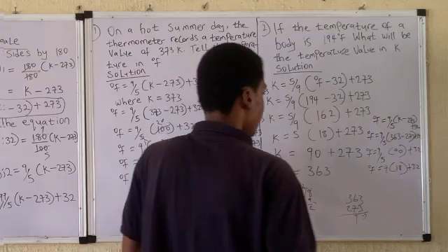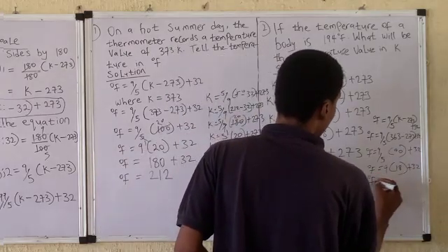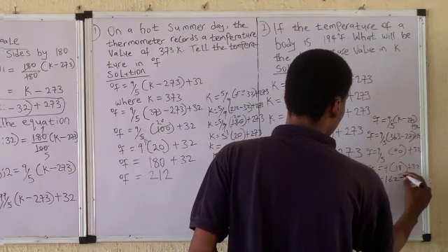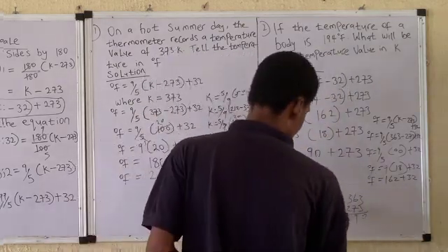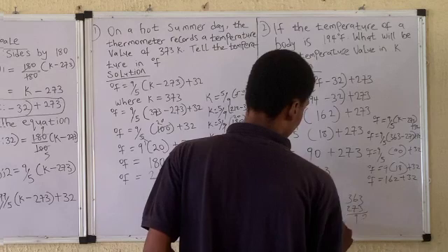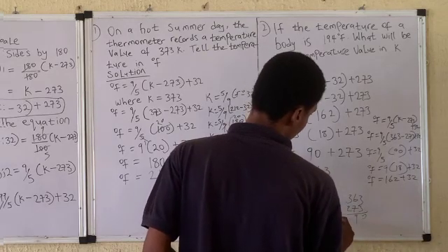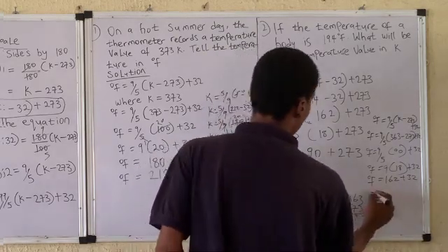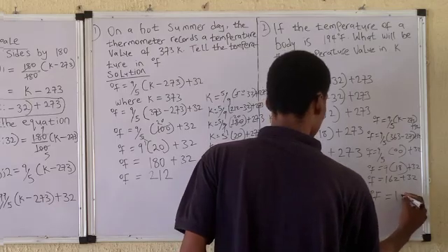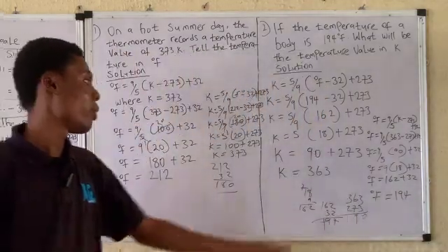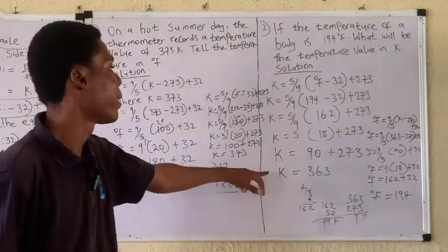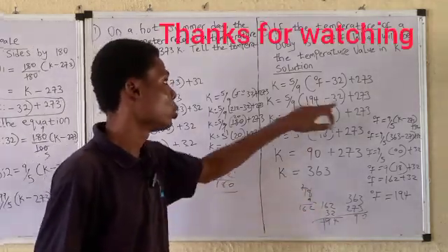So we have 162. So our Fahrenheit equal to 162 plus 32. So 162 plus 32, we have 194. Our Fahrenheit equal to 194. So that is our Fahrenheit for converting from Kelvin back to Fahrenheit.